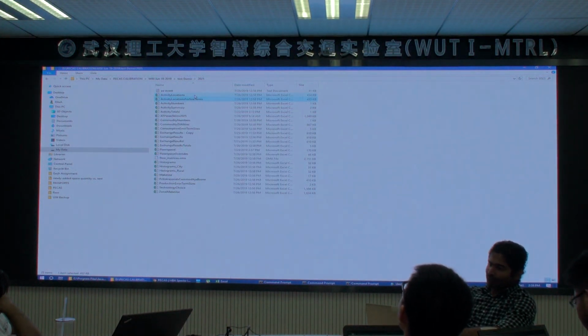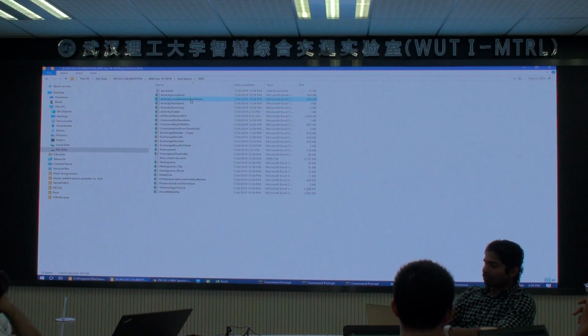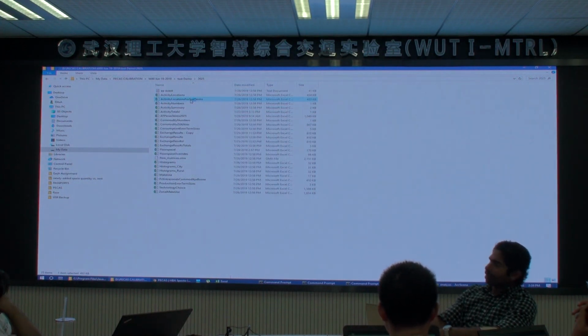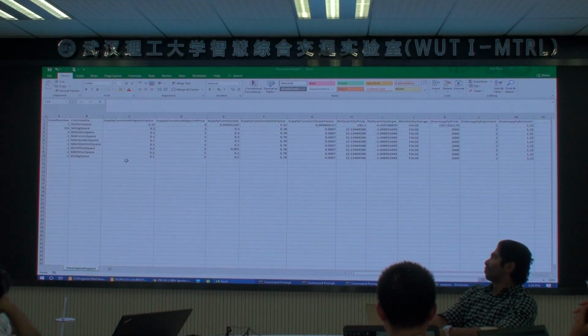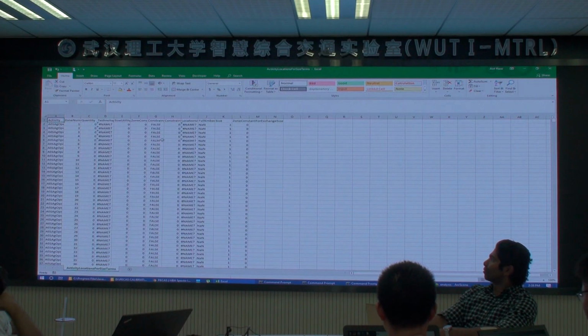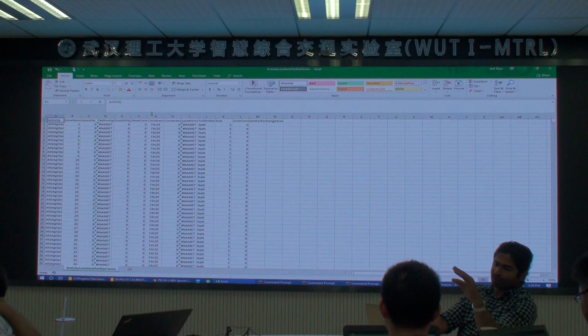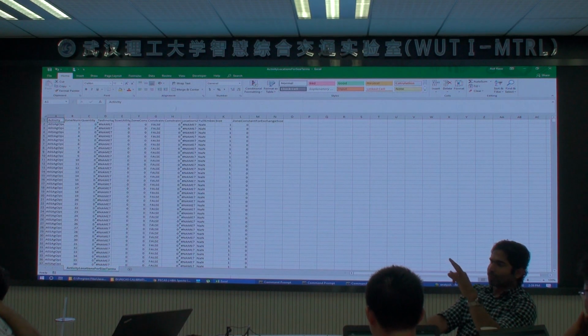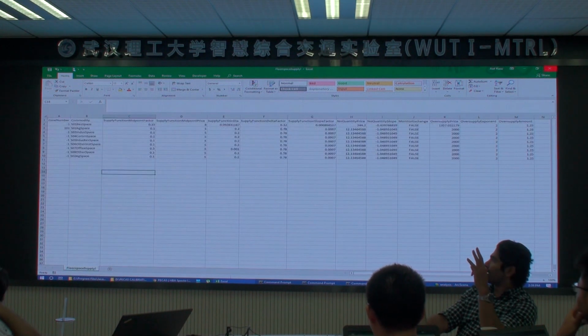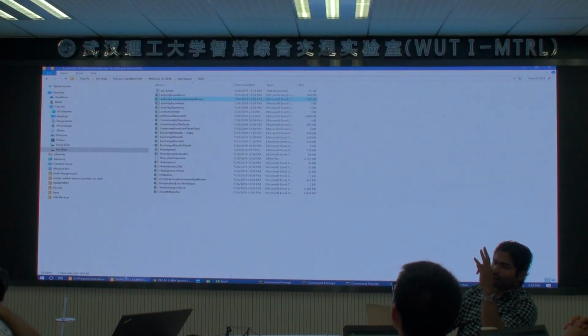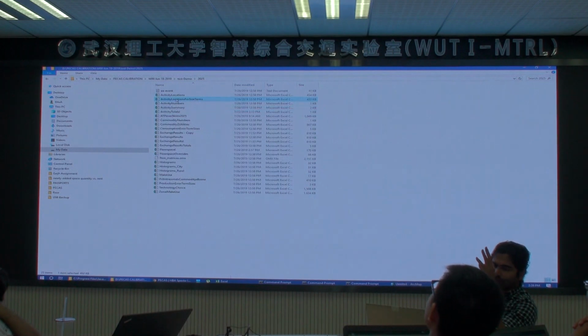So this file has the size terms for each activity. We actually use this file only for troubleshooting. If there is a problem, if a model crashes or something, to find out what the problem is.